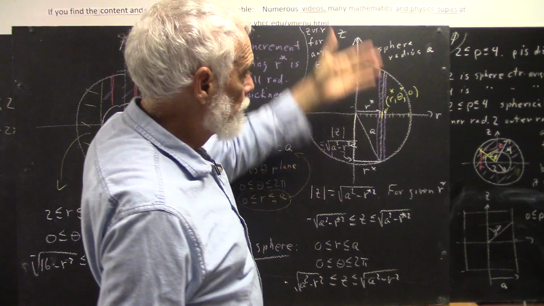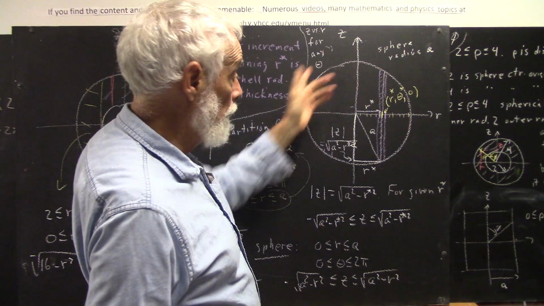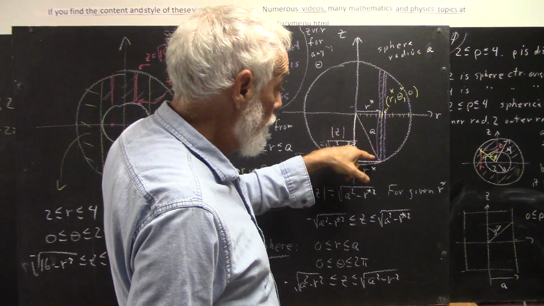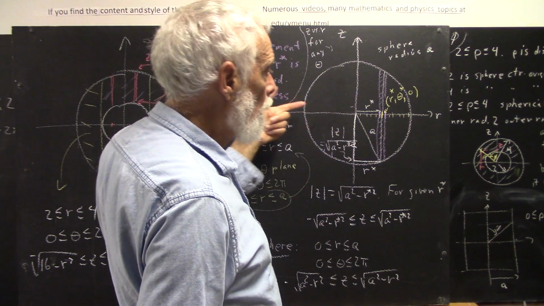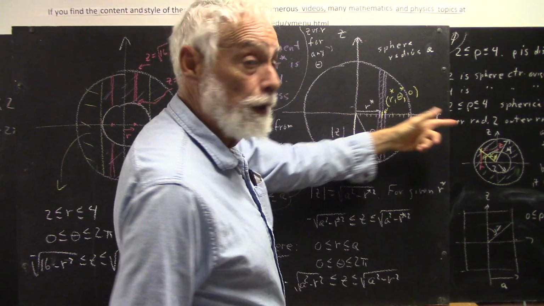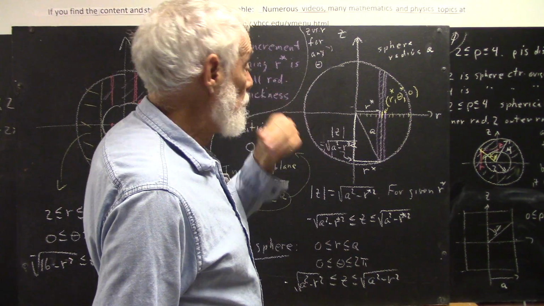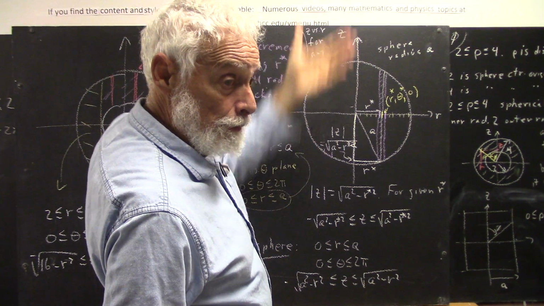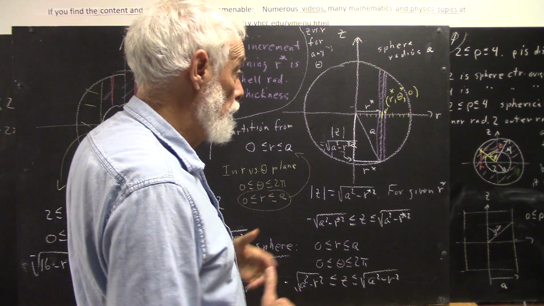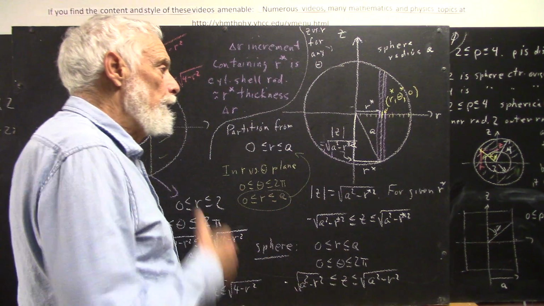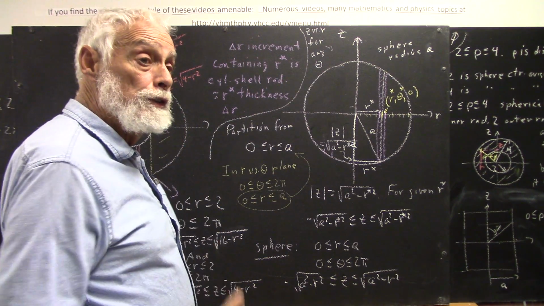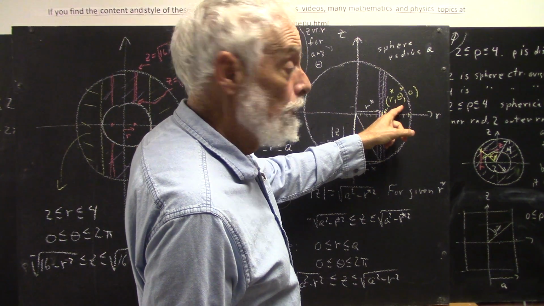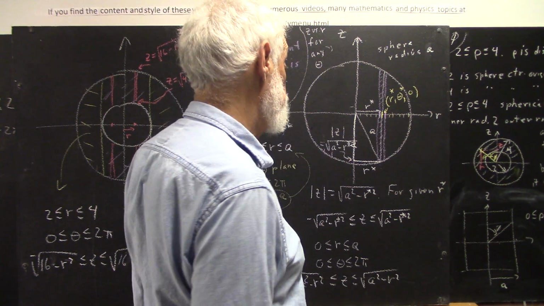So the intersection with any plane is going to look the same. You're going to have a circle of radius A, with an r-axis here and a z-axis, because the plane includes the z-axis. Now down in the r theta plane, we'll have some point r star, theta star, 0.